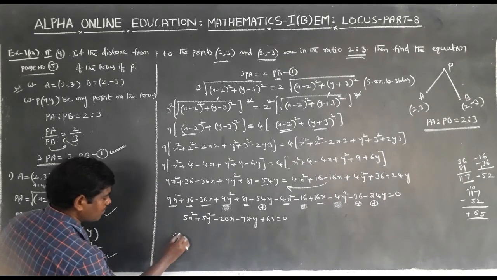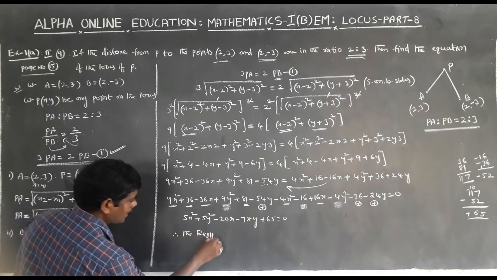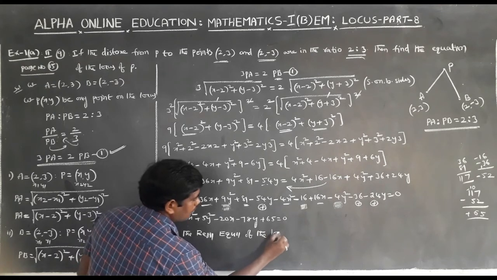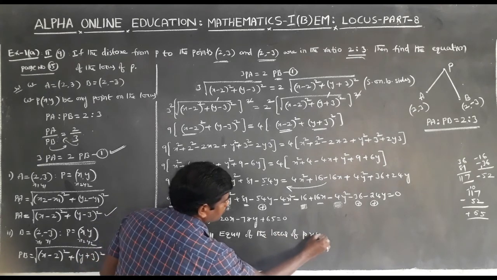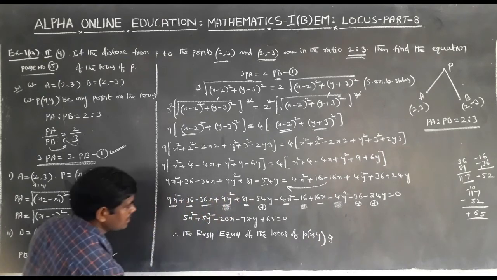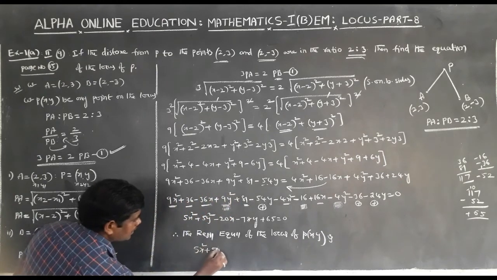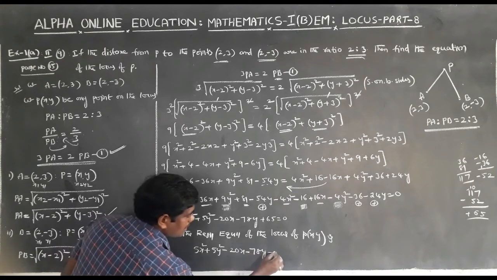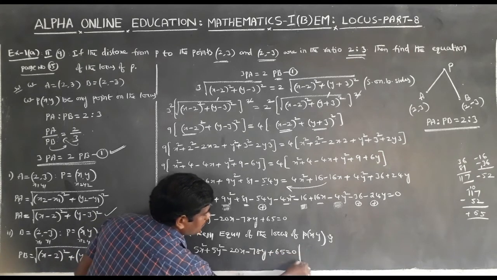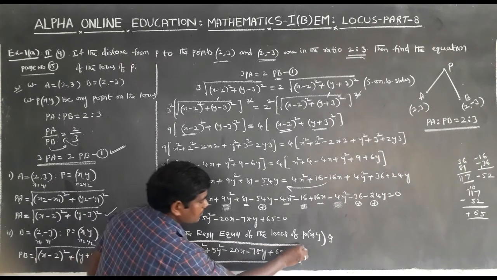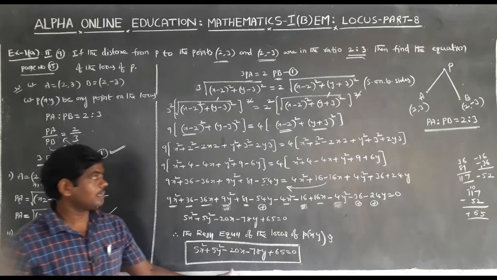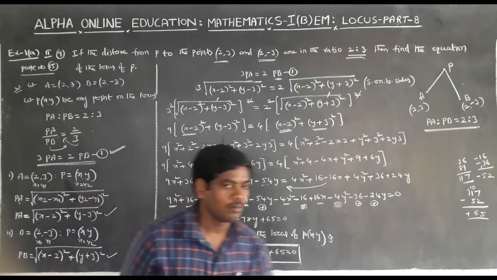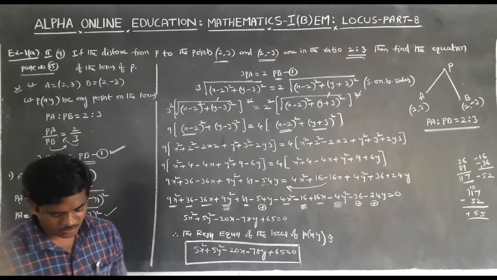Therefore, the required equation of the locus of P(x, y) is 5x² + 5y² − 20x − 78y + 65 = 0, which is the required equation of the locus of P(x, y). This is the answer.